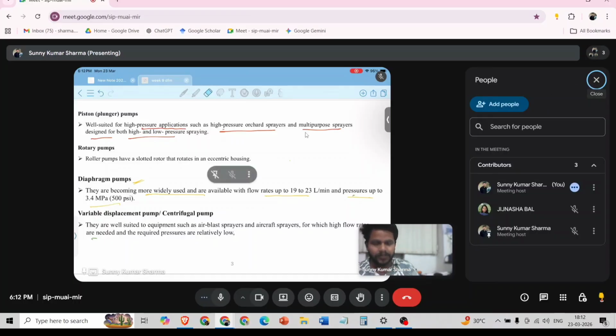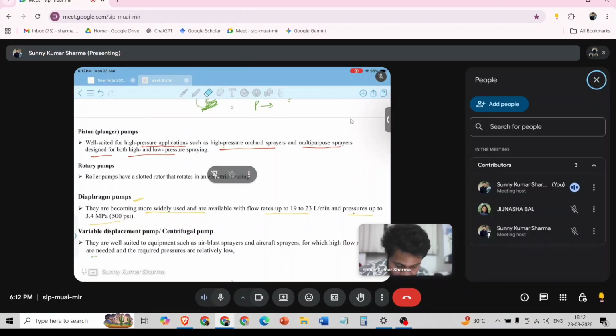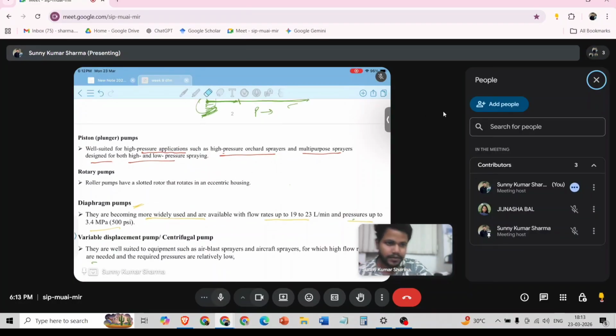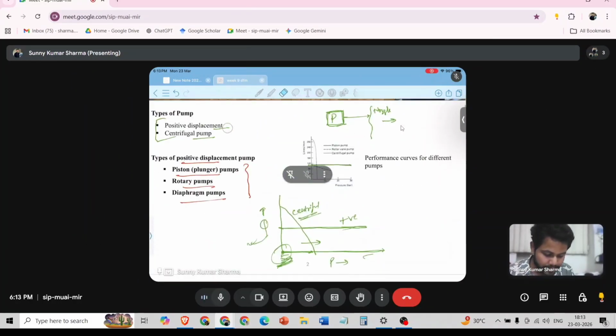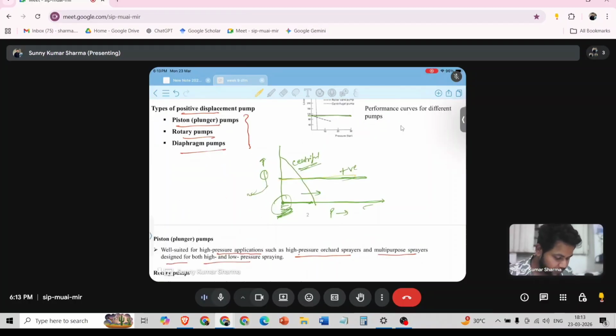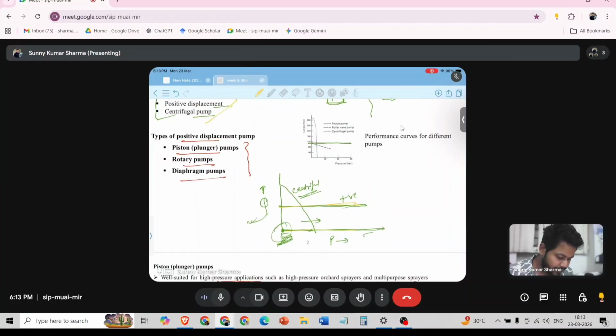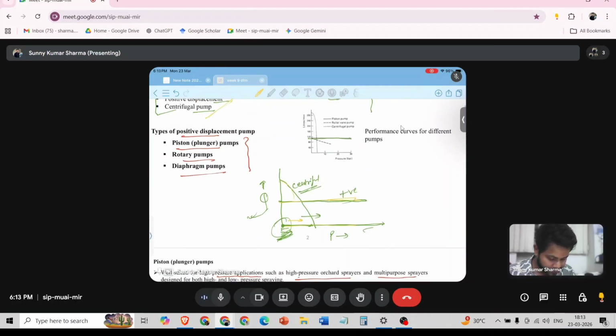So I have just explained piston pump, rotary pump, diaphragm pump. Do I need to explain it again? There are two types of pump: positive displacement pump and centrifugal pump. In positive displacement pump, the flow rate does not depend on pressure, and in centrifugal pump, when the pressure increases, discharge decreases.